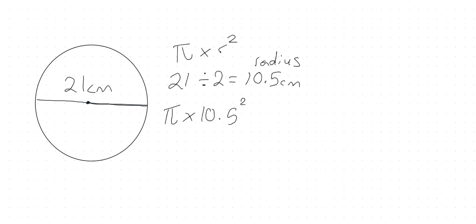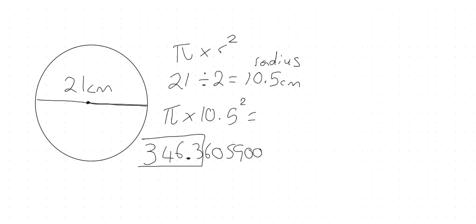So I've got 10.5 squared multiplied by pi gives me an answer of, I'm just going to write it down here so I've got a bit more space, 346.3605900, and then it carries on going. Going to round this to 1 dp again.